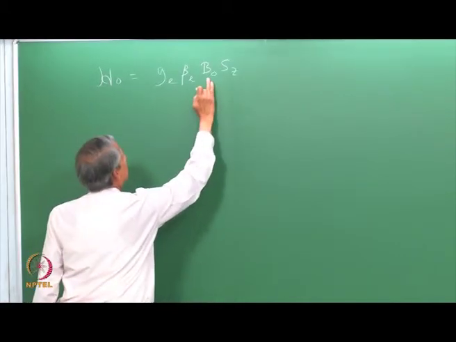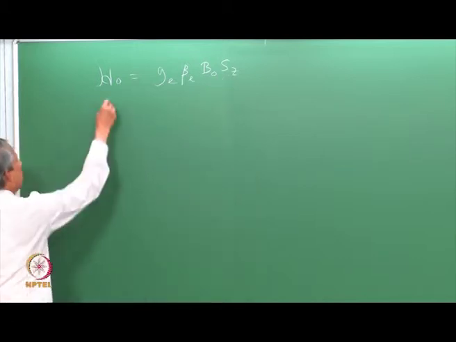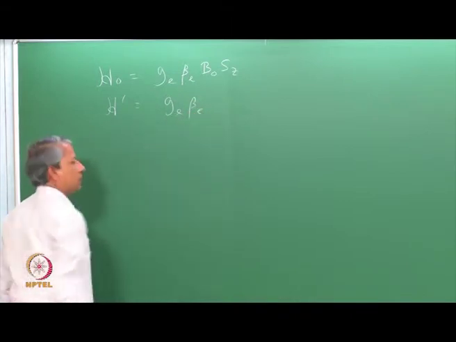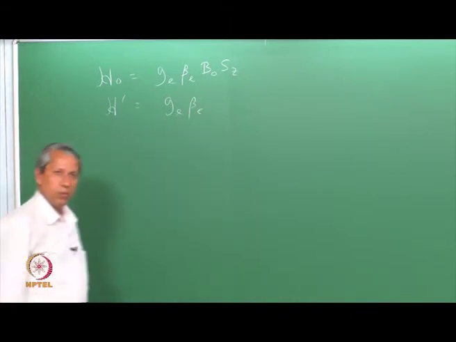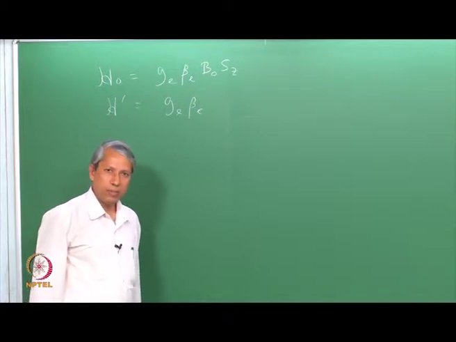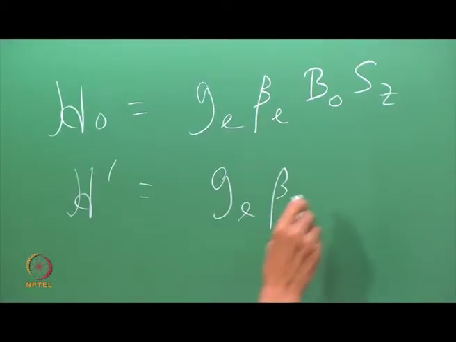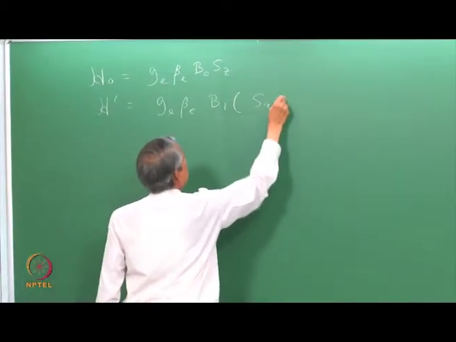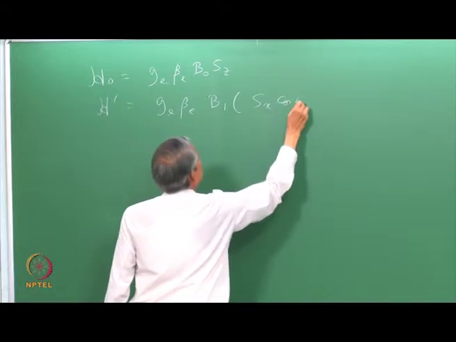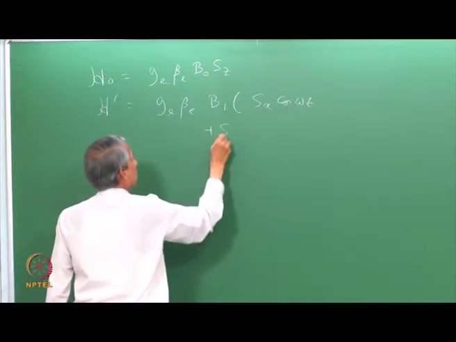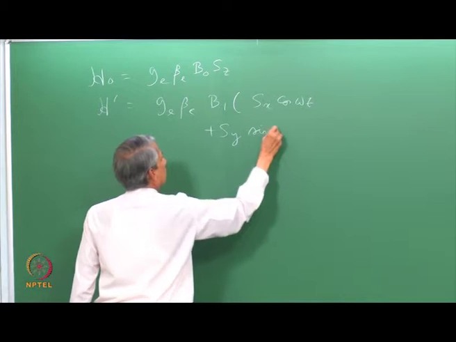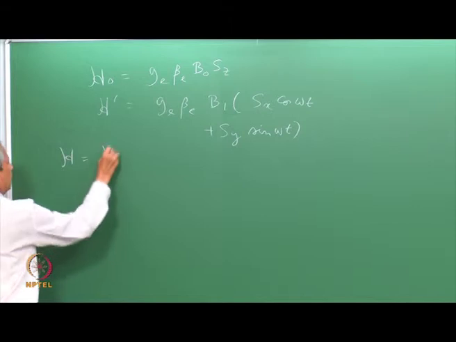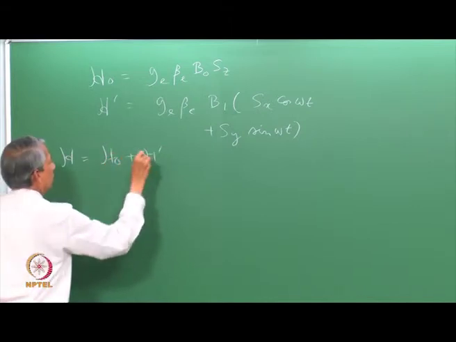This is the Zeeman magnetic field, this is the Sz operator, and the perturbation, which is the small B1 magnetic field applied in the xy plane, is given by this. So, the total Hamiltonian is H0 plus H prime.